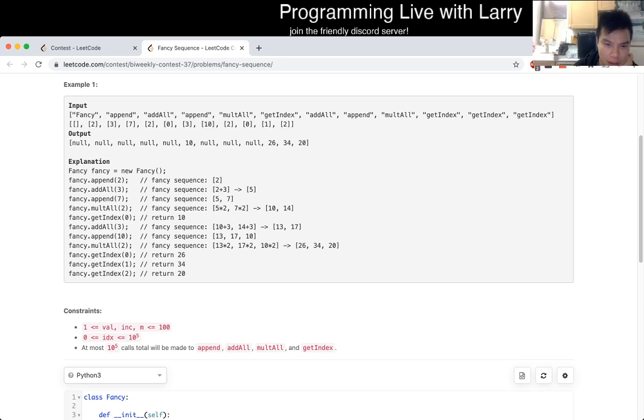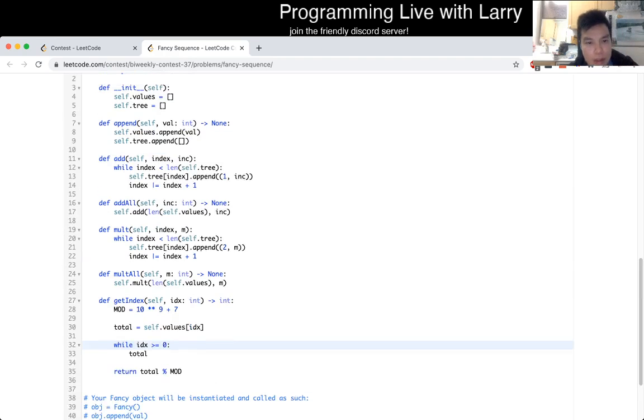Because even if you do a binary search on all these, if you have to multiply them, it's still too slow. Okay.